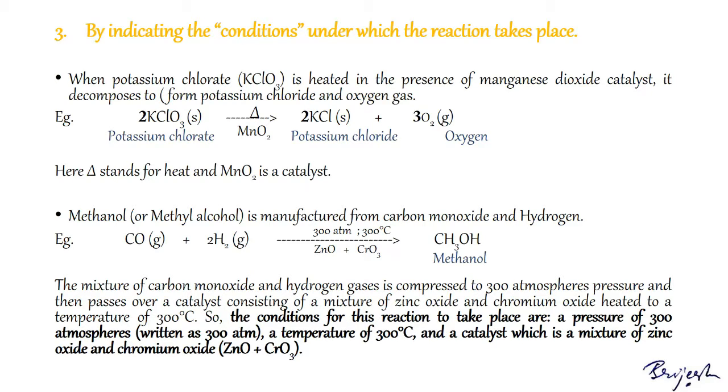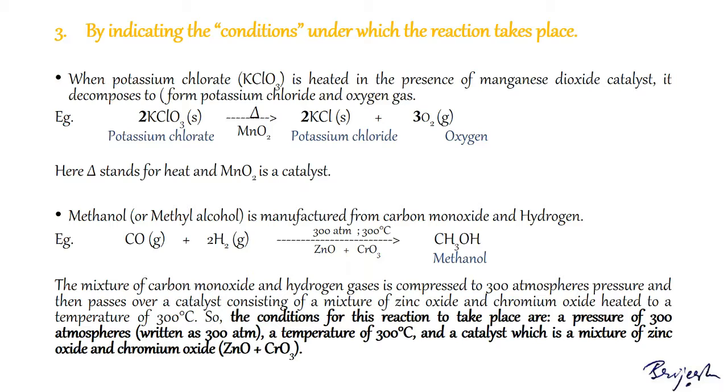Here I would like to make a note. Currently your body is under a pressure of 1 atmosphere, exerted by the atmosphere around us. So 300 atmospheres is very high.